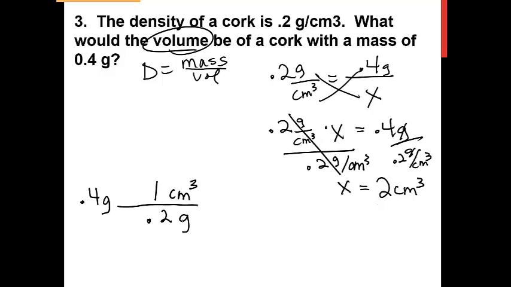And you could do this dimensional analysis wise, cross out your grams because they will go away, and if you take 0.4 times 1, you get 0.4, divide that by 0.2, we get 2, and you're left with centimeters cubed. You could do this either way, you'll get the same answer either way. In my opinion, the dimensional analysis has less work involved.